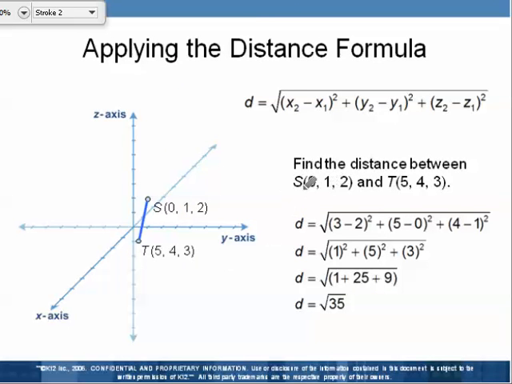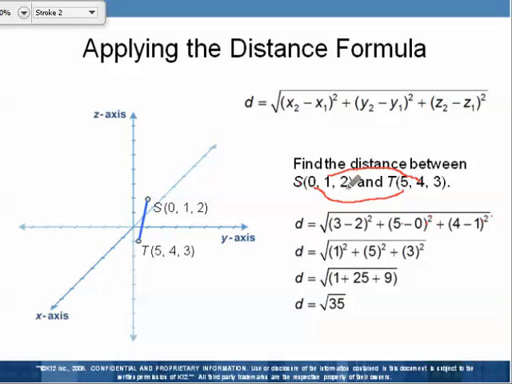Well, given these 2 points, S is located at 0, 1, 2. T is located at 5, 4, 3. I would take my x values here, 5 and 0, and I'm going to take 5 minus 0 squared. And I'm going to take the 1 and the 4, and take 4 minus 1 squared.